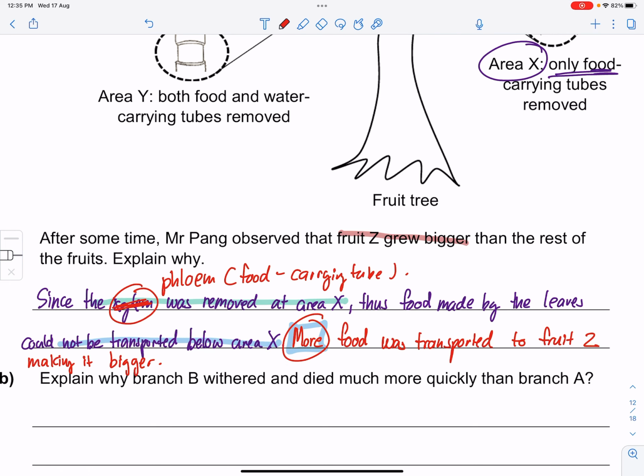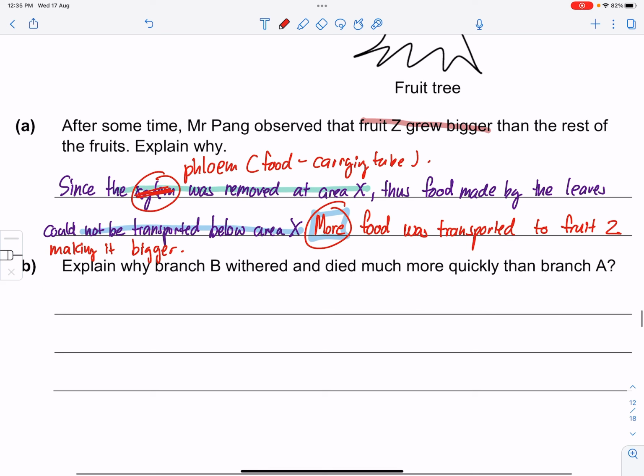Just that now it's more. So this is very important. It's the same concept as the one we talked about when it comes to your respiration rate when you exercise.